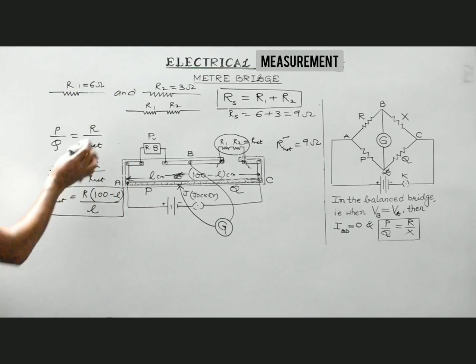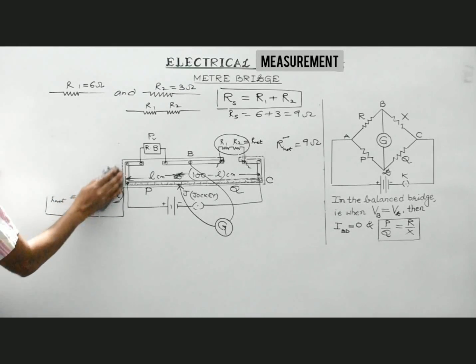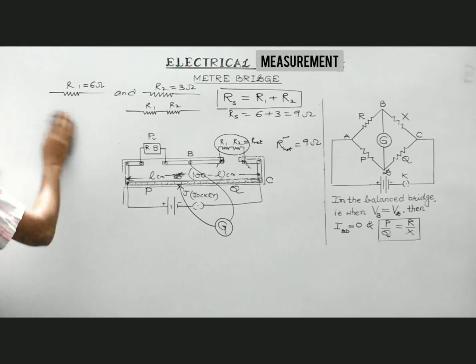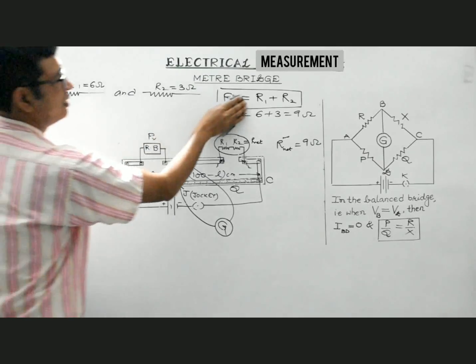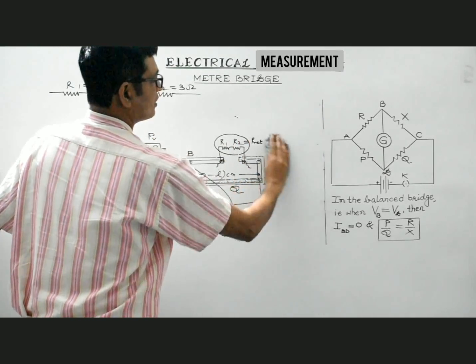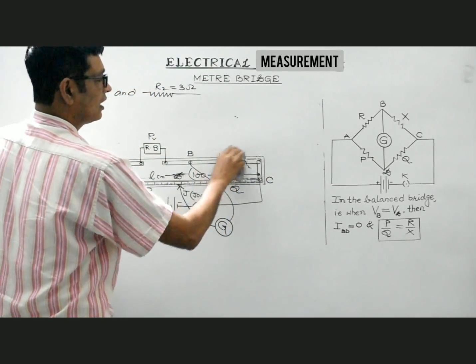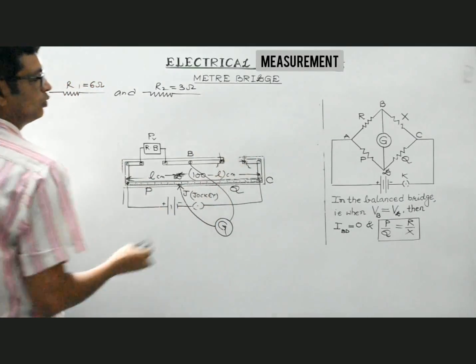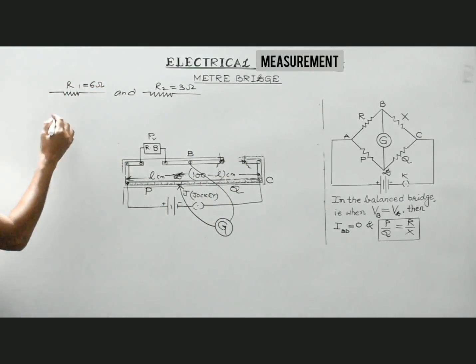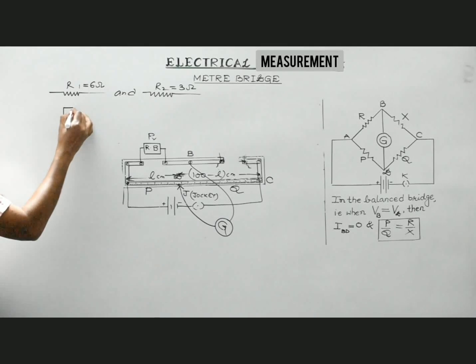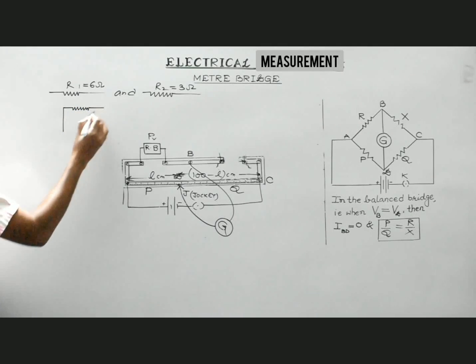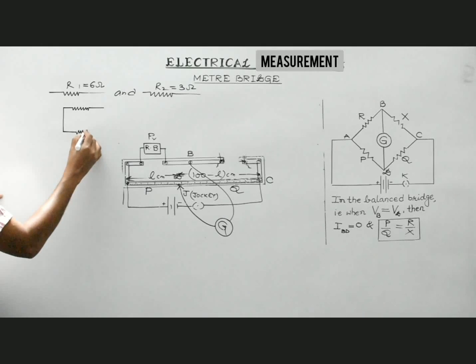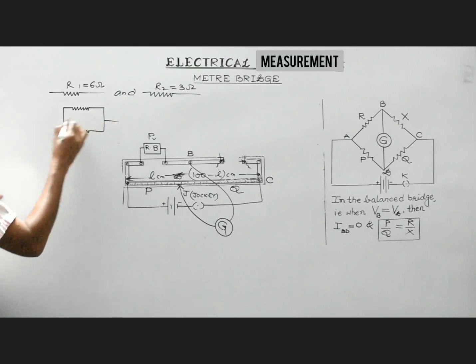Similarly, you can easily verify the law of parallel grouping of resistances as well. In this case, again, the same method or same steps are to be followed. Only difference is that in this case, the two resistors are to be connected in parallel like this.